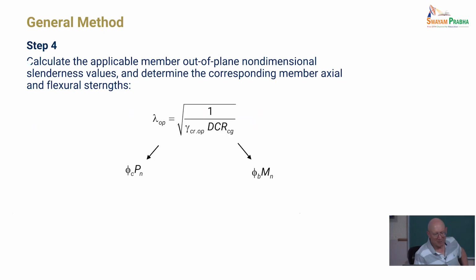Then step 4, we calculate the applicable member out of plane non-dimensional slenderness values. So I've got lambda critical OP, I think is what I called it before, the square root of 1 over lambda gamma critical OP over my DCR for the gross cross section. Given that, that gets entered into the PHN equations and the PHMN equations, and we get axial compressive and flexural strengths.